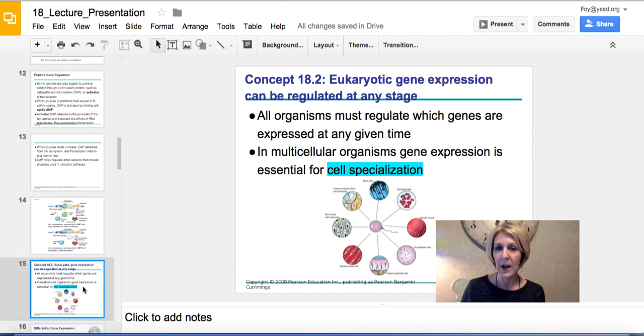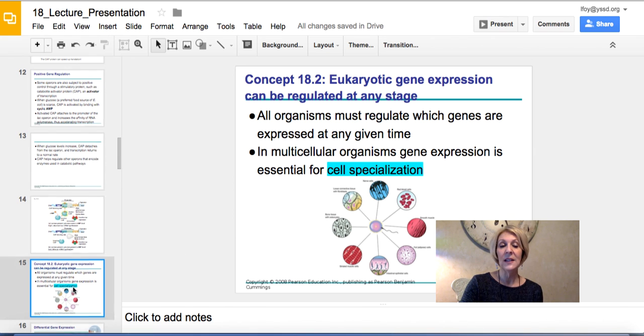In eukaryotic gene expression, it's a little bit different because we're going to see that gene expression can be regulated at many different stages. And this is a very important thing to understand in how cells specialize, because when you have a bacteria, that's just one cell. That one cell does everything. But in multicellular organisms, which most eukaryotic organisms are, each cell has become specialized, right?